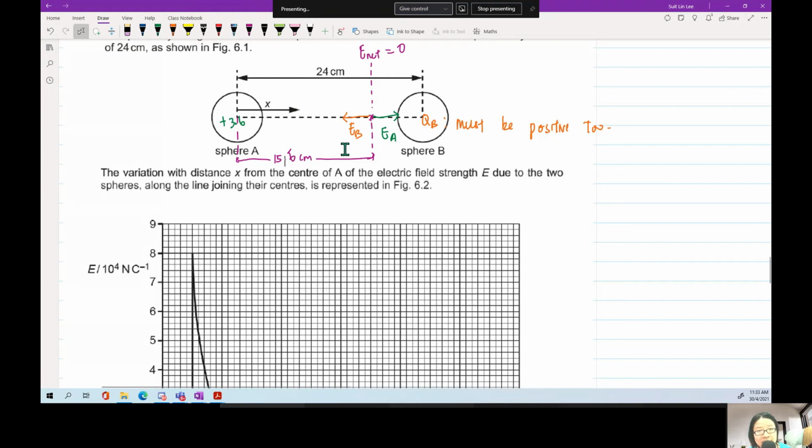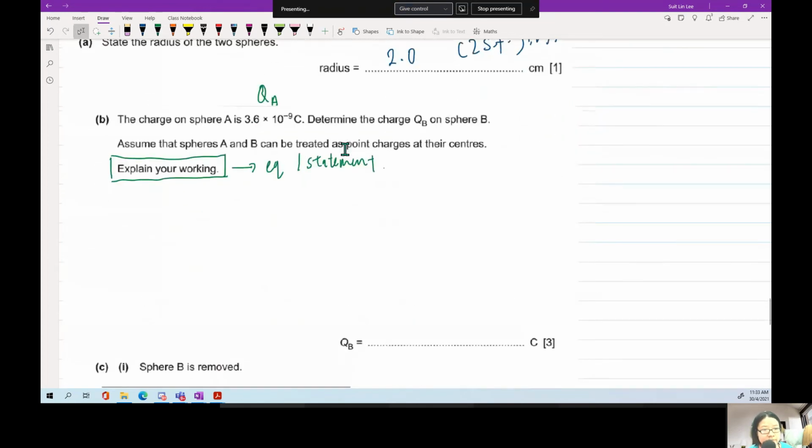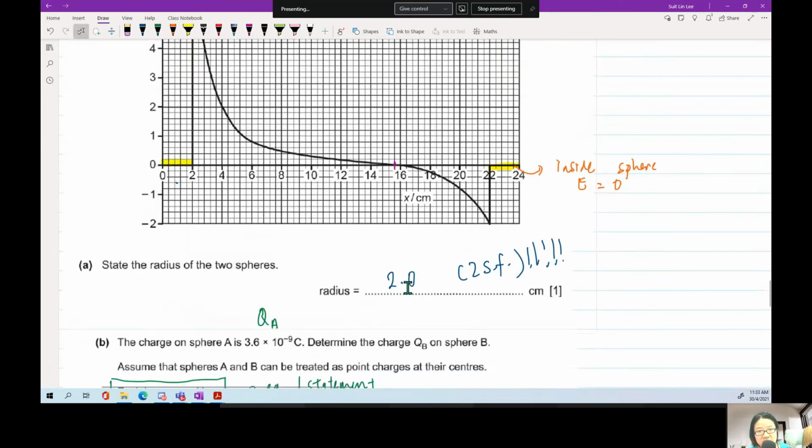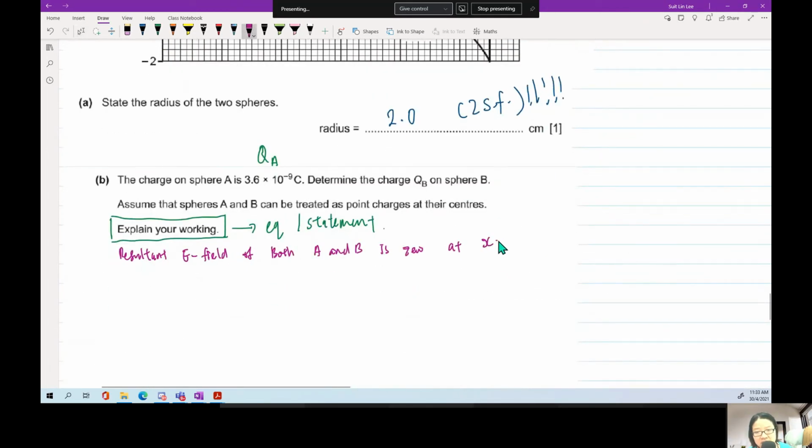So that is the main idea that we are operating on. The resultant electric field of both A and B is 0 at the value of x equal to 15.6 cm.